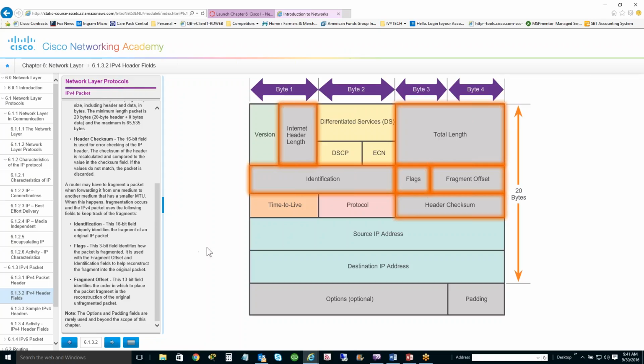When this happens, fragmentation occurs, and the IP4 packet uses fields to keep track of that split up information, and those are the identification field, the flags, which tell it how it's fragmented, and the fragment offset, etc. And then, of course, the header checksum has to do with validating that the packet is intact by the receiving end. So that's a calculated value, and we've talked about checksums in our discussion about frames.